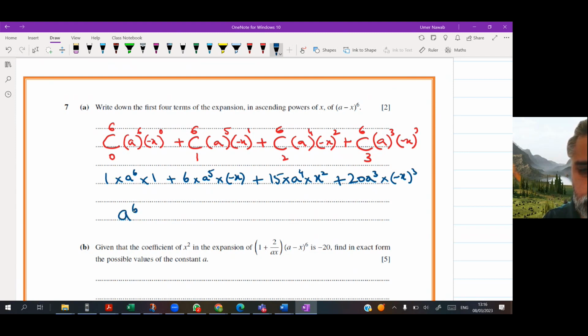So a to the power 6 minus 6 a to the power 5 x plus 15 a to the power 4 x squared minus 20 a cubed x cubed. This is the expansion.